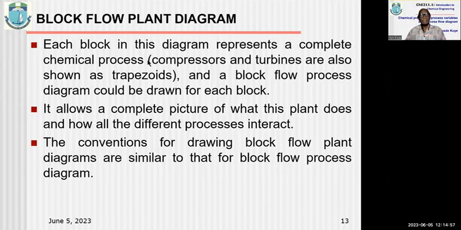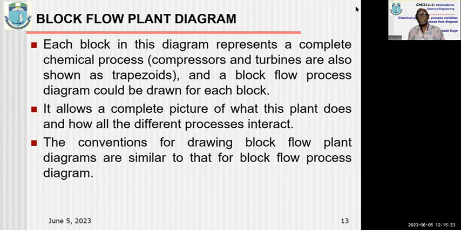And in this case, each block in the diagram represents a complete process in itself. And because you are having other equipment, there are also standards or conventions for representing those other equipment.